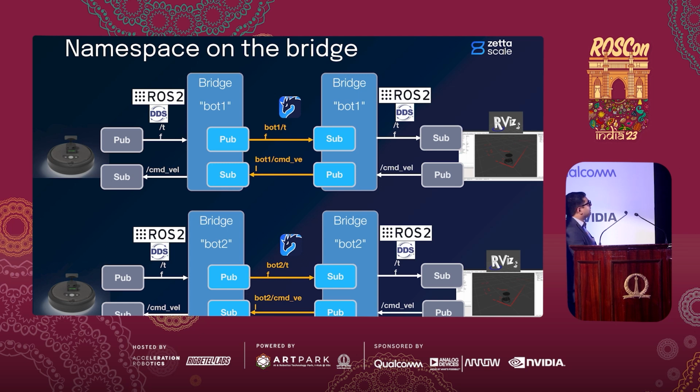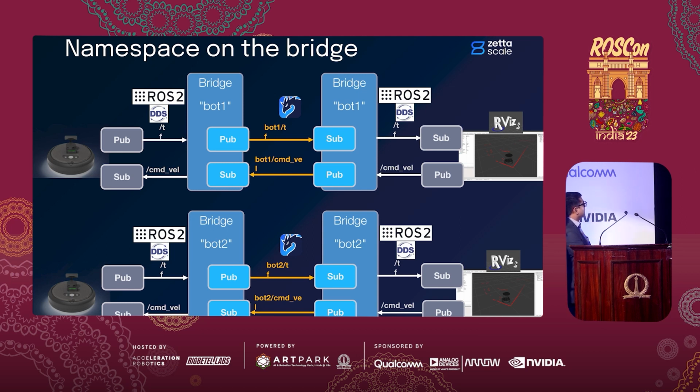Here you can define the namespace or scoping on the fly at the bridge side. You can configure it, and there is no need to define it at the ROS node level. So using the scope you can isolate the communication.